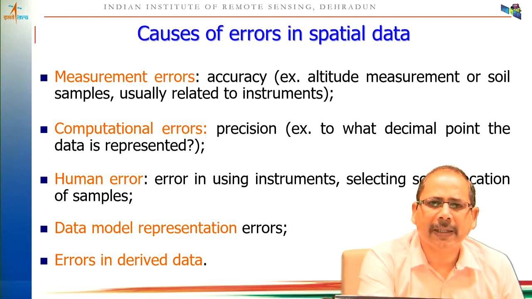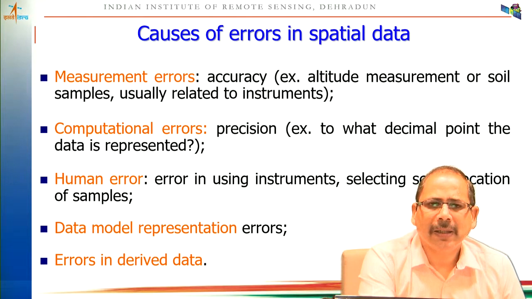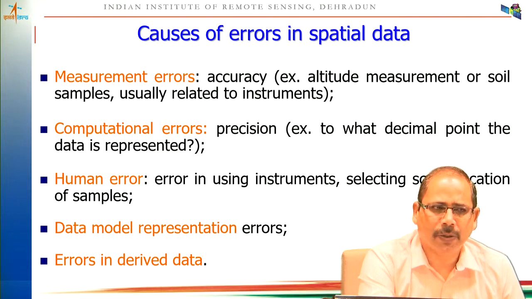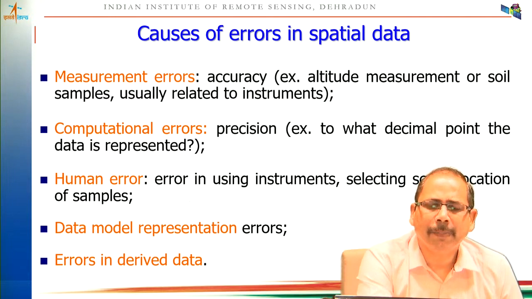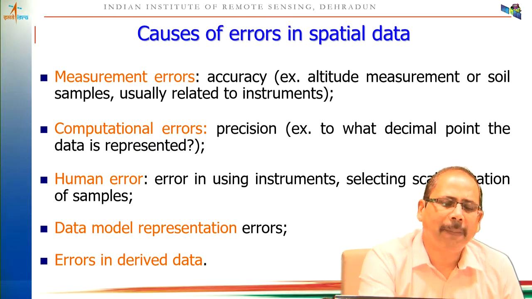Second kind of source of error is computational error. Computational error is basically related to precision. Precision is a measurement-related accuracy parameter, like how precisely we are doing the measurement.